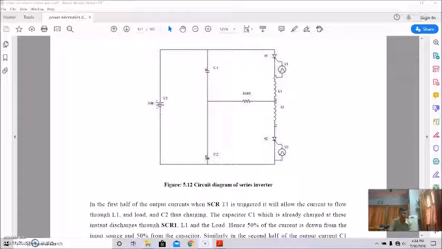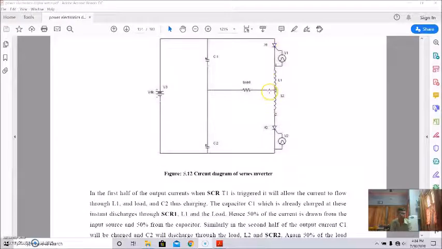What we have seen is that when this thyristor T1 is triggered, the current path will be like this. Since C1 is already charged, during this time it will discharge to this ACR, like this.